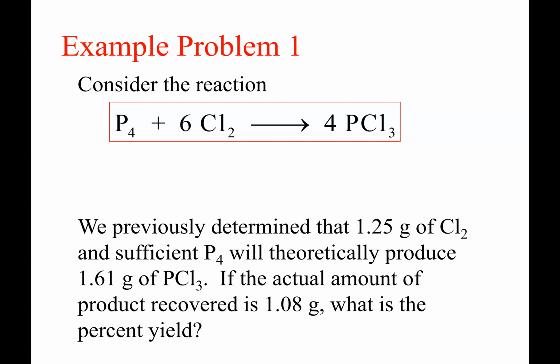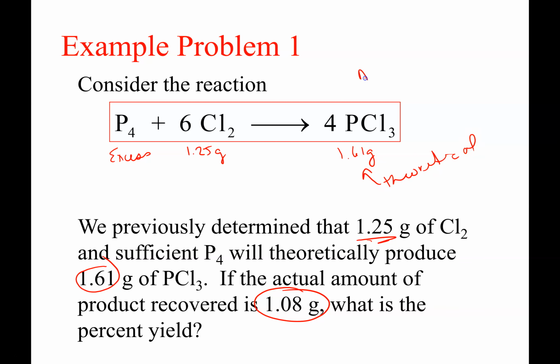So let's do a problem. Goodness, seems like forever ago, but I think this was Friday. We said that if you have 1.25 grams of Cl2 and you have excess, now you know why we say excess. So your Cl2 is in limited supply, you have plenty of P4. We said that we did a stoichiometric calculation, you should get 1.61 grams of PCl3. All right, well, that's not the problem. It says that what you actually got was, so this is theoretical, you guys okay with that? Theoretical.